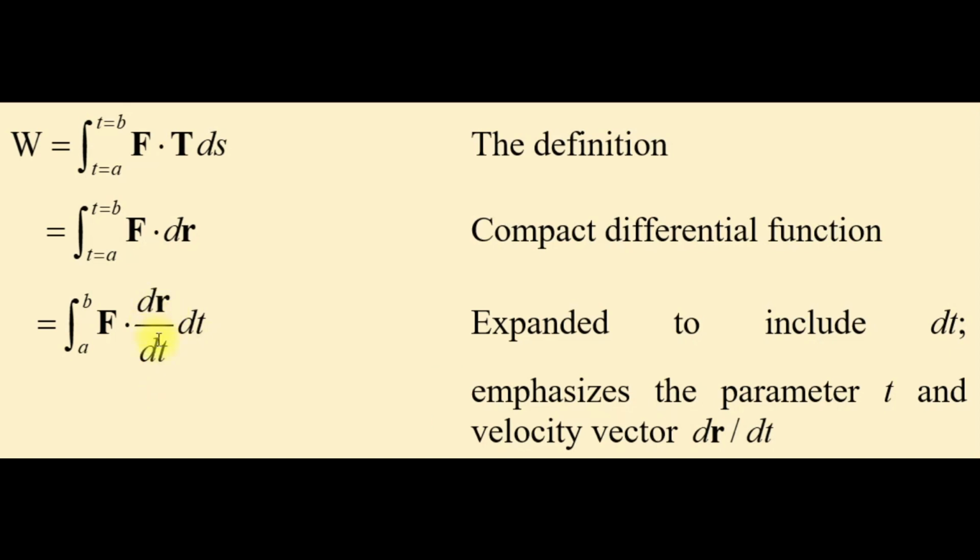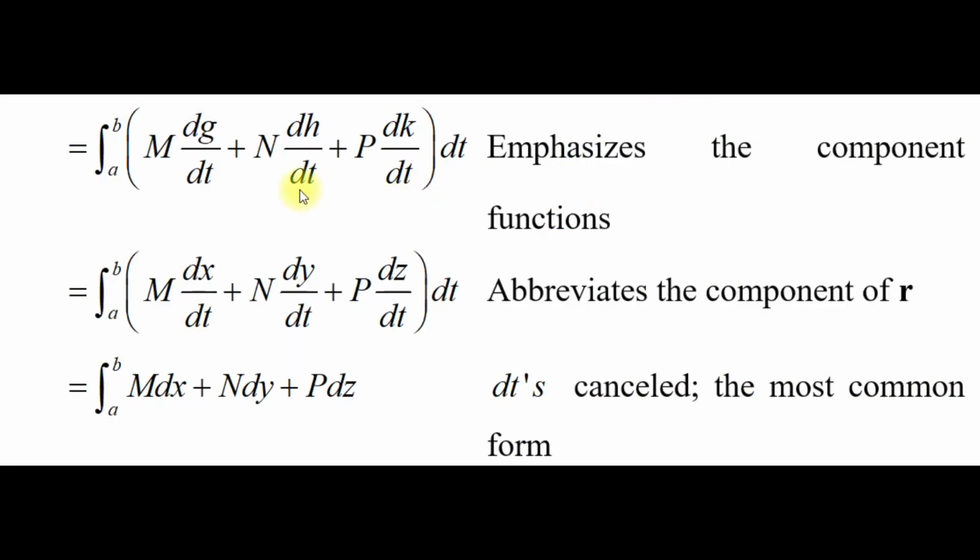This dr by dt is the derivative of the vector valued function r of t, and so dr by dt is also a vector. Since F is Mi plus Nj plus Pk, we can also write the work integral like this.